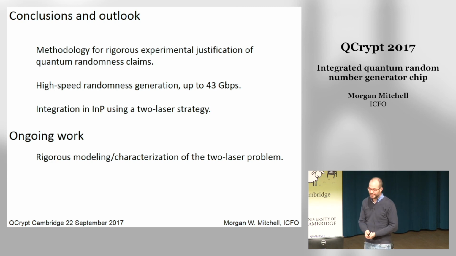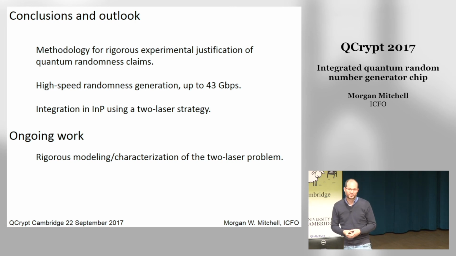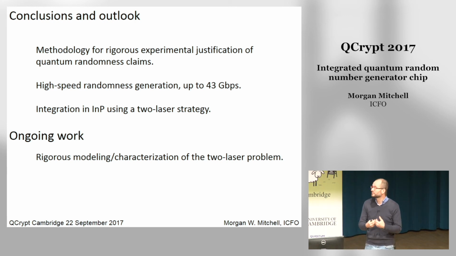In conclusion, I've described a methodology for rigorous experimental characterization of random number generators, something which I hope provides a more trustworthy assurance that these things are actually giving you bits which come from a quantum source, or rather that give you assurances of the amount of entropy that you're getting from a quantum source.